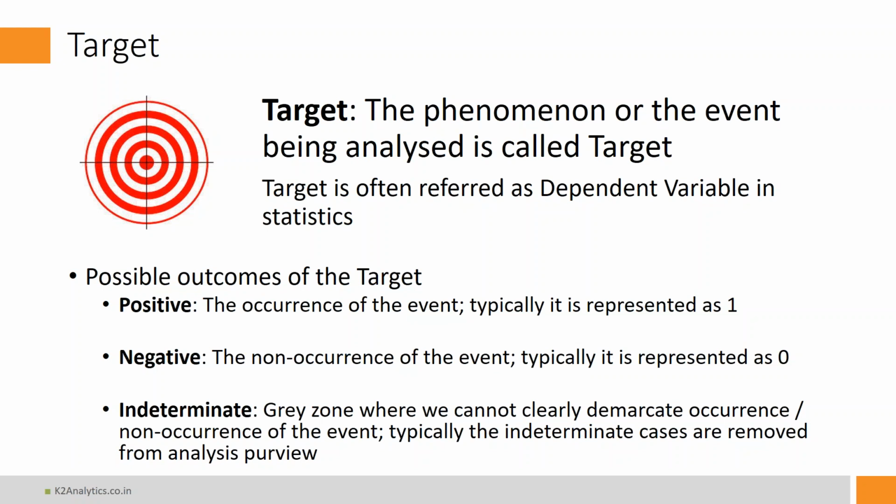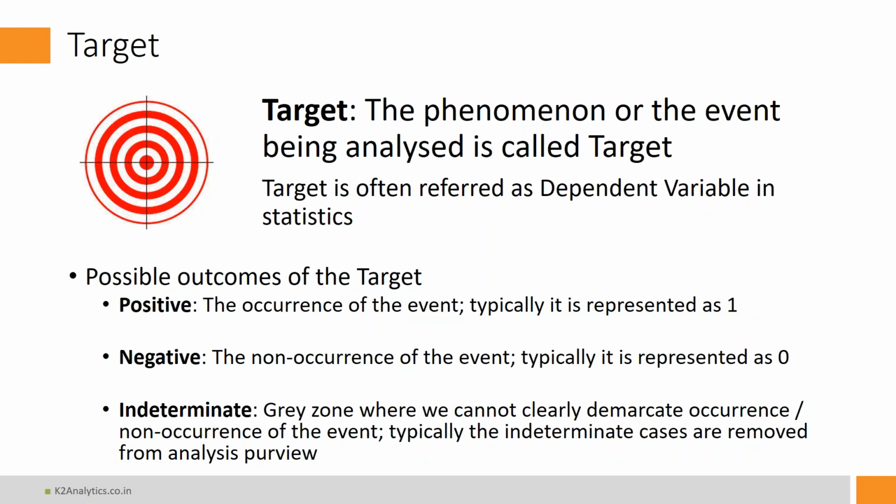Now here, as a modeler, you don't know which customer's usage was unintentional and which customer's usage was intentional. So in that case, there is a gray area. In this gray zone, you may not be sure whether you should call them churned or not churned.